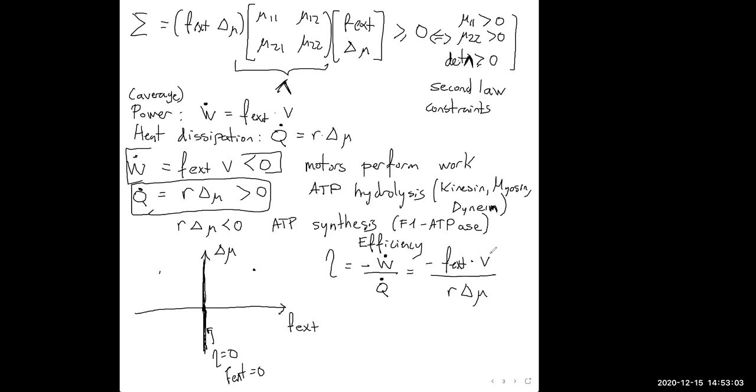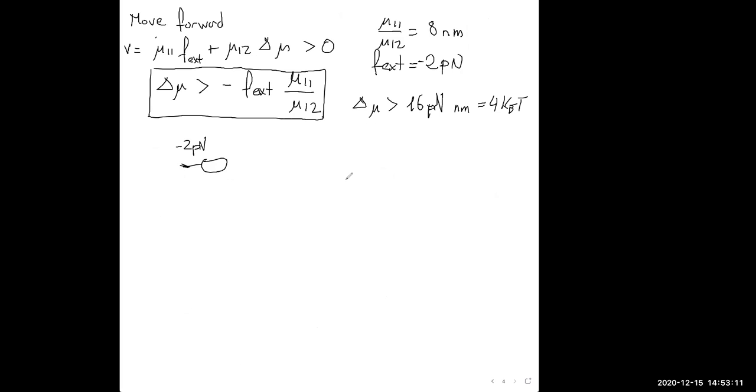On the other side, there is also the line of zero velocity, which is also zero efficiency. This is the line I was discussing with Boris, because if you put a 0 here, then there is a line of parameters in which the system has zero efficiency: when you have an equality. Force and delta mu are related like a line, like y equals m times x with a minus.